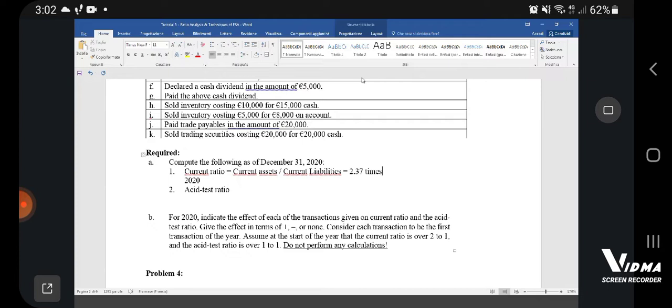If the current ratio is too high, it's okay for the liquidity position, but it's not okay for the profitability position. Because if we have too many current assets compared to the current liabilities, it means that we are keeping too much inventory, too much trade receivables, too much cash, and all these items have a high cost of maintenance.